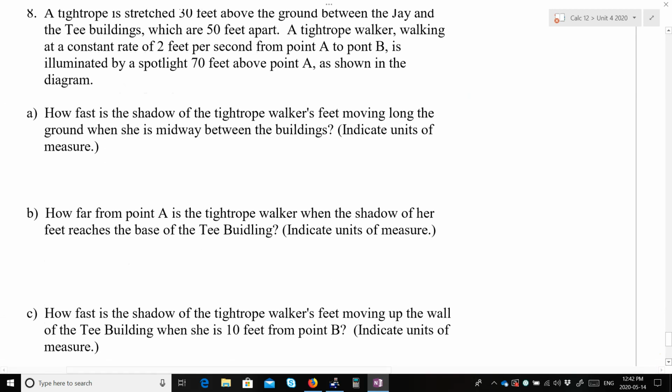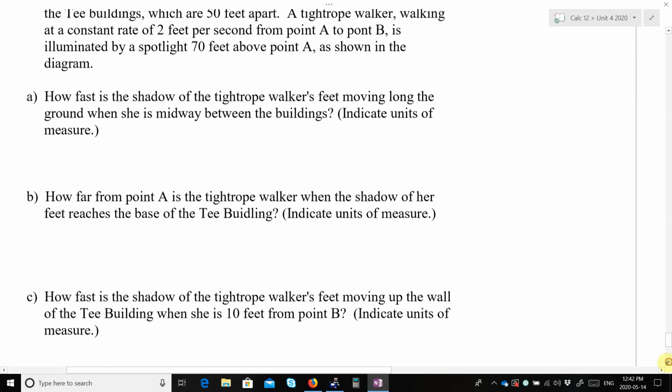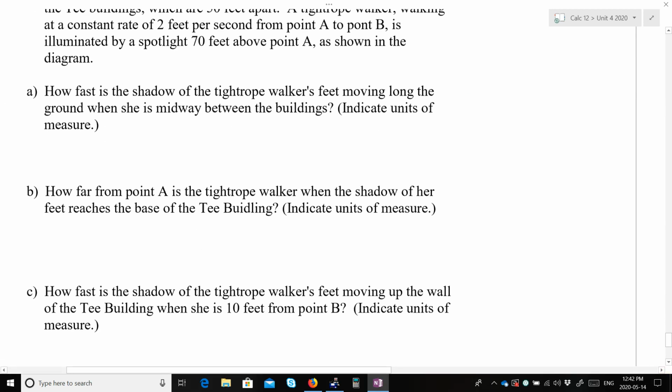I could give you the answers to these right now, just as straight answers. You should get 20 over 7 feet per second for this one. This one ends up being 35 feet.